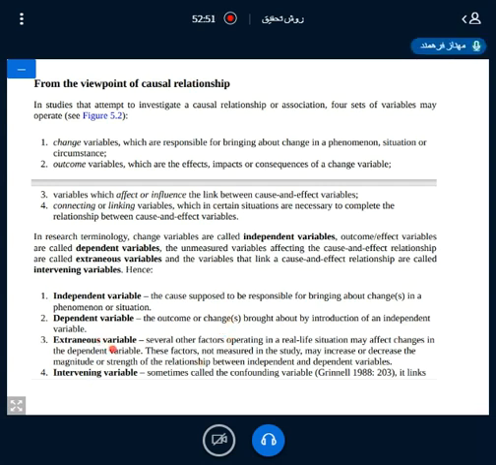Number three, extraneous variable. Several other factors operating in a real life situation may affect changes in the dependent variable.